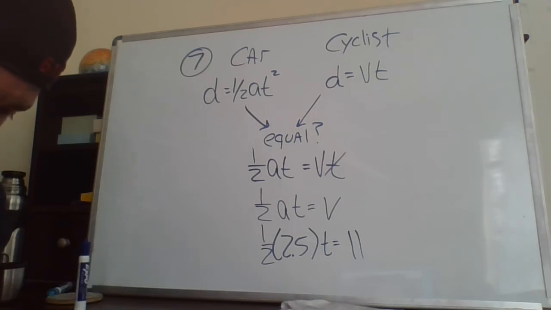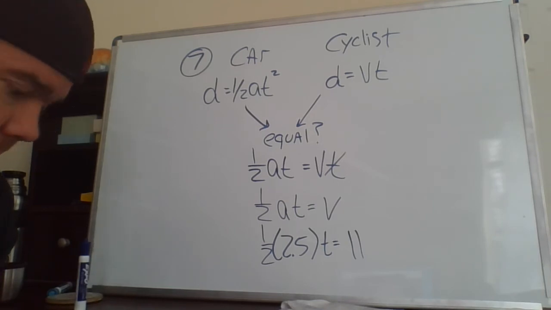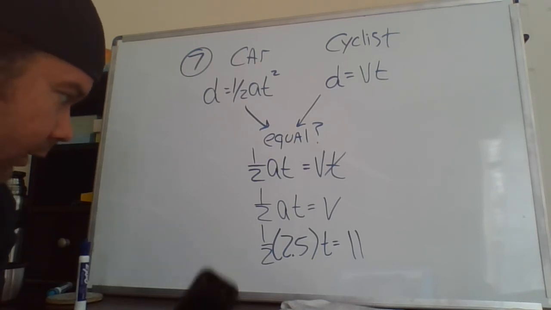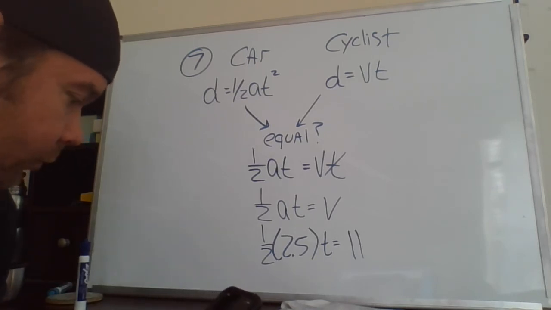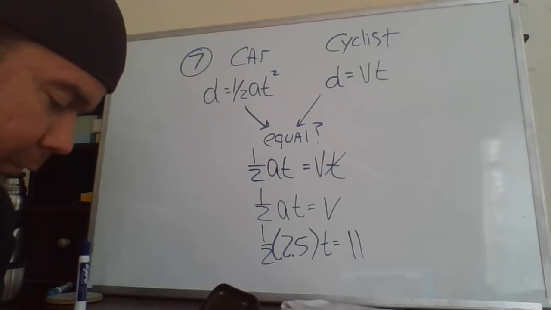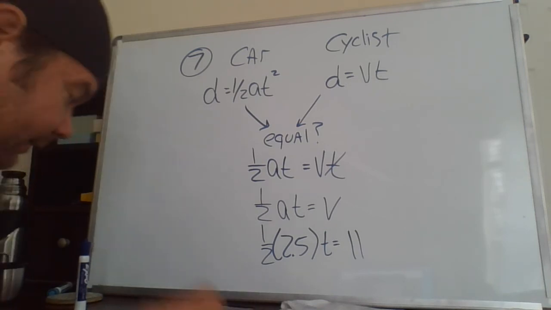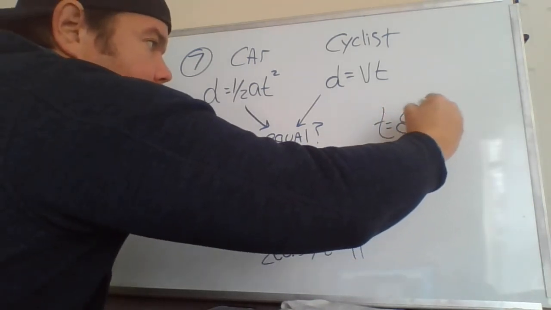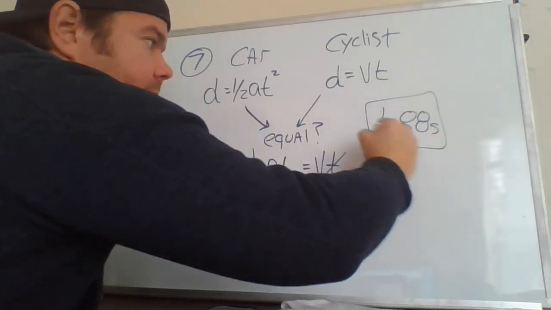I'm going to go back to my calculator again. It's still in Desmos. Let's go out of there. Okay, so 2.5, actually let's do this. 11 divided by 0.5 is 22, and that divided by 2.5, I get 8.8. t equals 8.8 seconds.